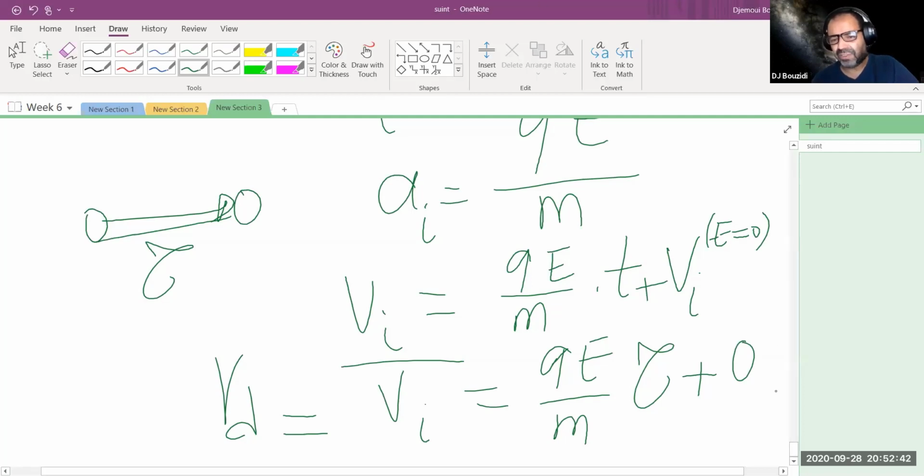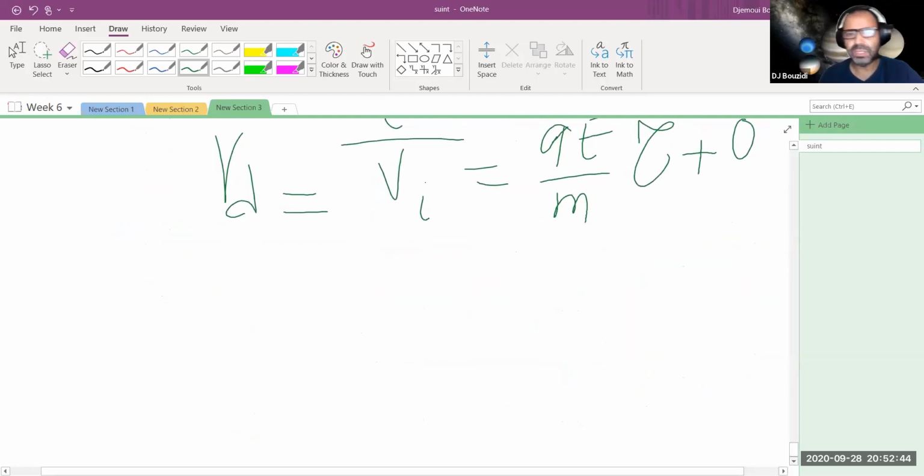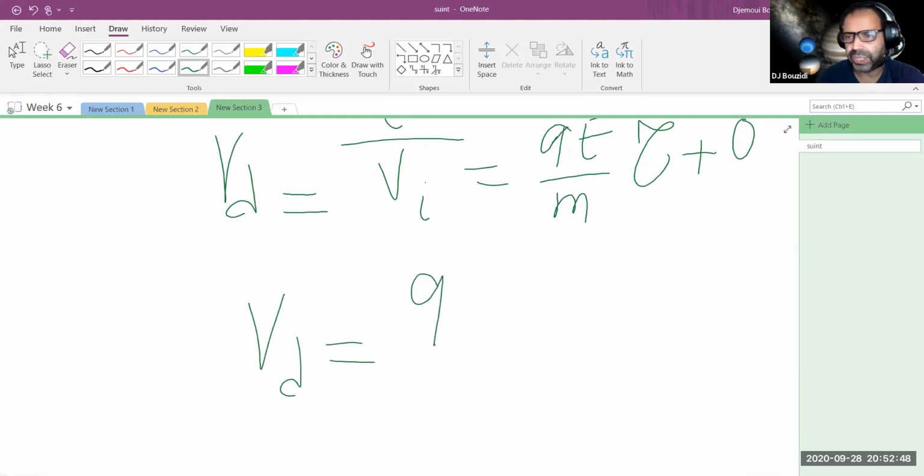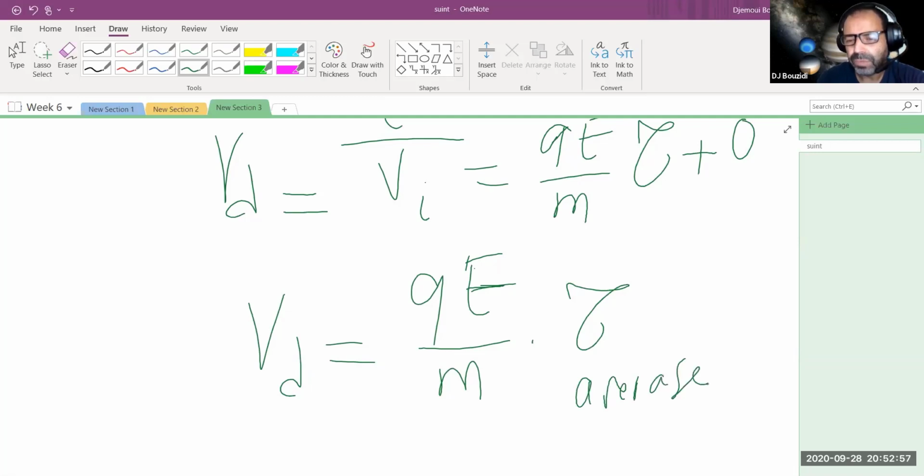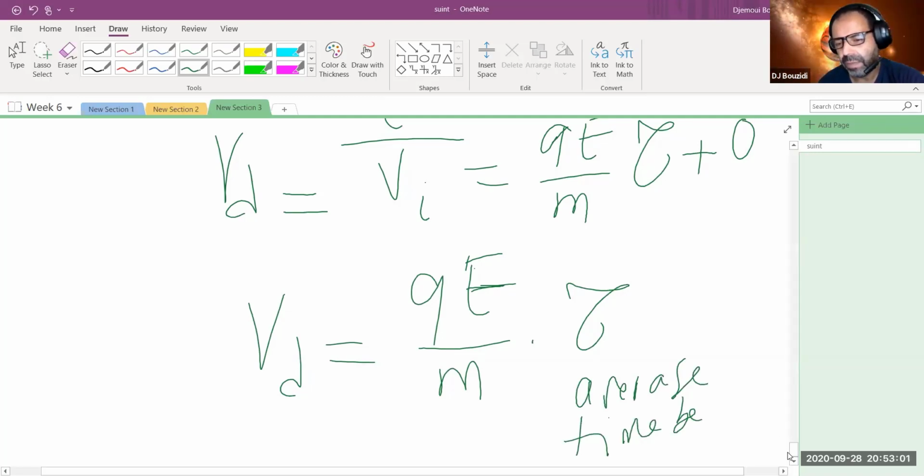So the drift velocity then is related to the charge carriers times E divided by the mass of the charge carriers times the average time between collisions.